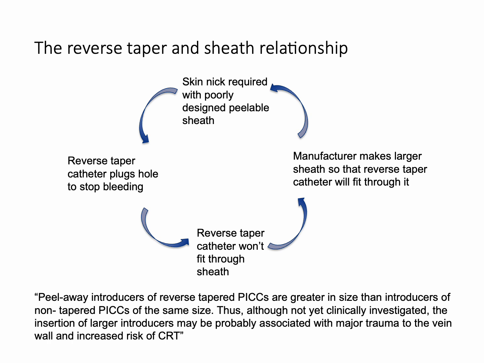What was then identified was that clinicians had to use a scalpel blade to create a skin nick because the dilator was too large to go through the soft tissue and was difficult to insert. So a skin nick was required to facilitate an easier entry of the dilator into the vessel.